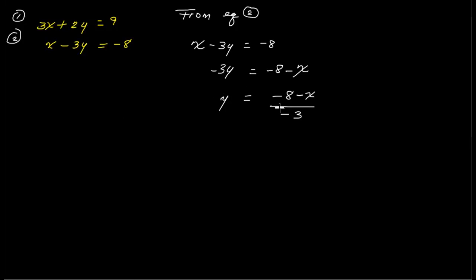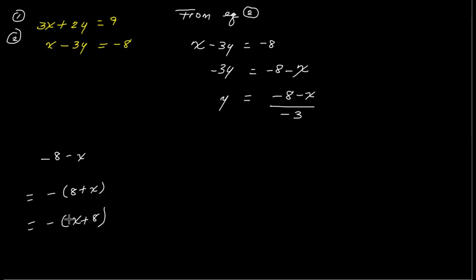Now we could rewrite this if we want to in a different way. So for argument's sake, minus 8 minus x is the same thing as minus 8 plus x, which is the same thing as minus x plus 8. Because if you put the minus into both of them, you get minus 1. This is an invisible 1.